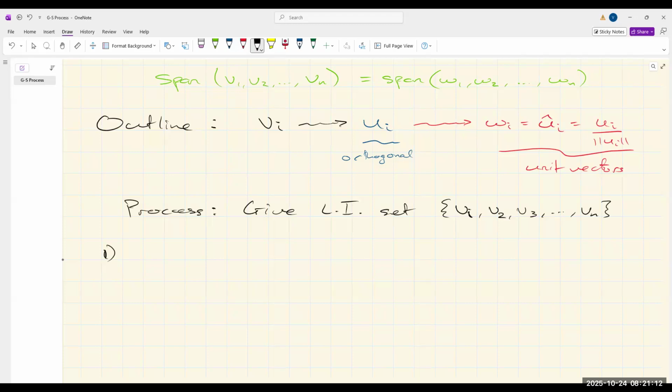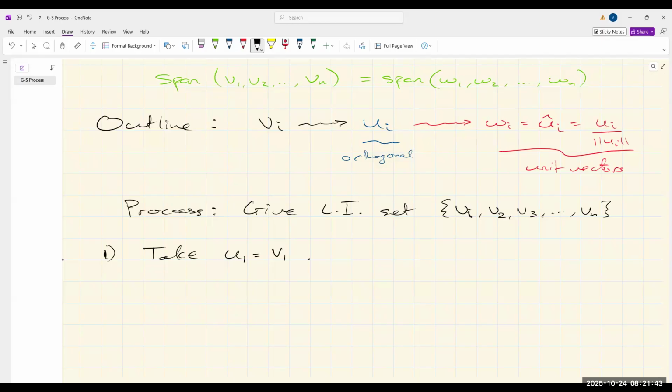But since we're just starting, we don't really have anything else. We just pick the first vector in our list, and that would be U1. So we just take U1 to be equal to V1. Because we're just starting, we don't have anything else to work with. So we don't have to straighten anything out because we just have one vector, right? So there's nothing to make perpendicular to this one vector.